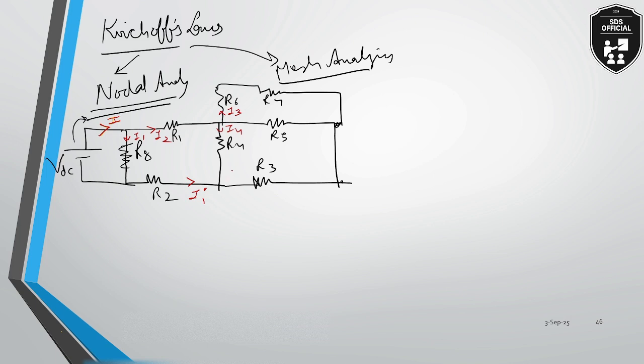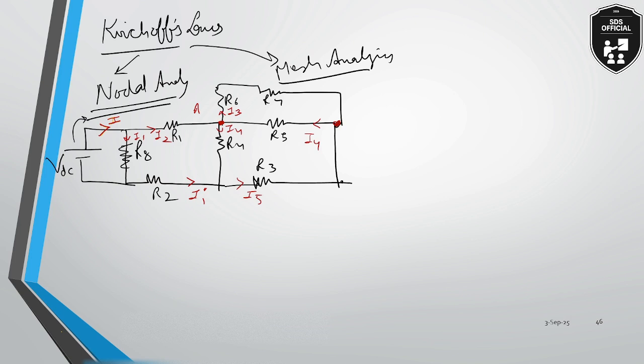Again I4 and I1 dash will combine to form the current I5. From here I5 and I3 will combine again to contribute towards I4. So at some points current is being divided, and at some points the current is being recombined. Let us consider the node A.